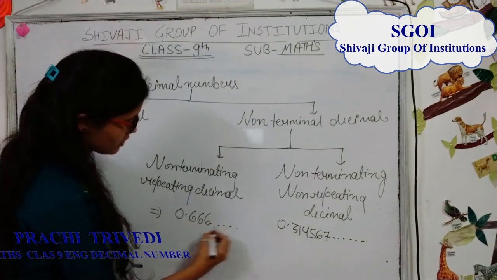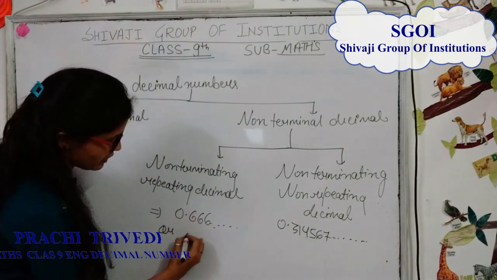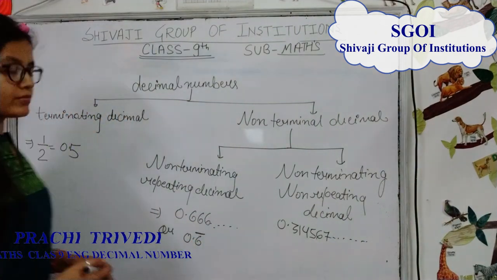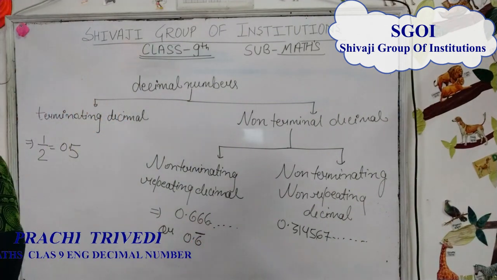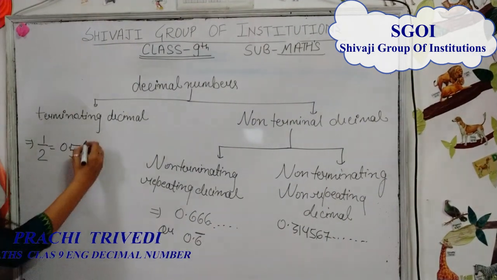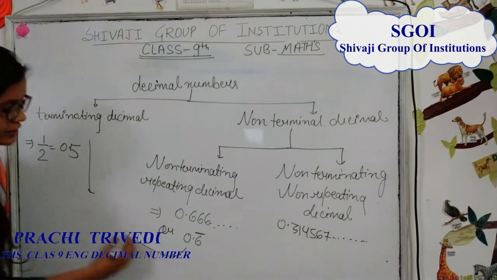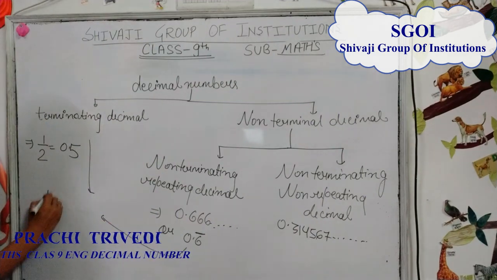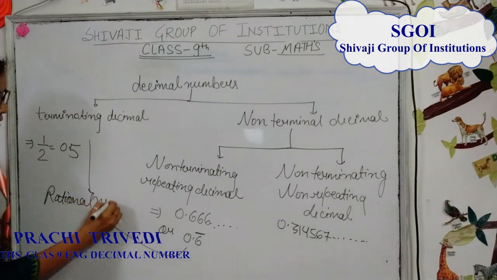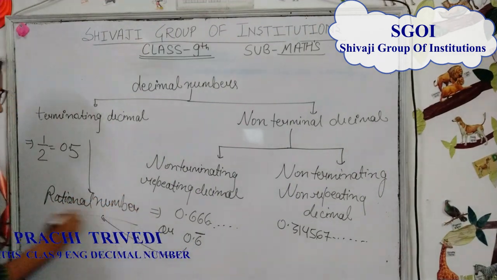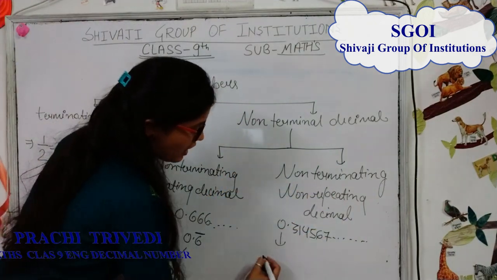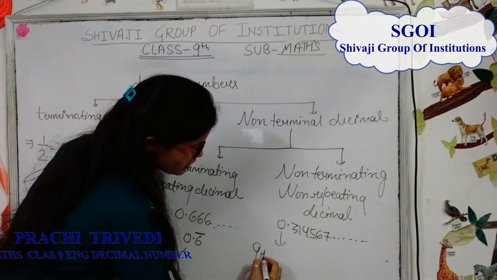We can write this number in the form of 0.6 bar. Terminating decimals and non-terminating repeating decimals are rational numbers, and non-terminating non-repeating decimals are irrational numbers.